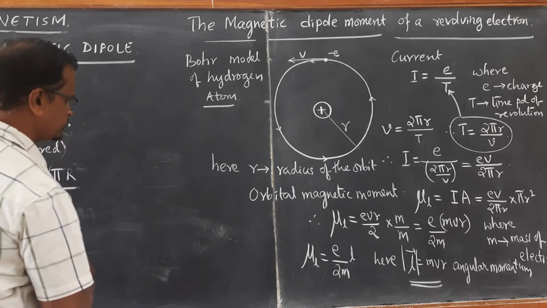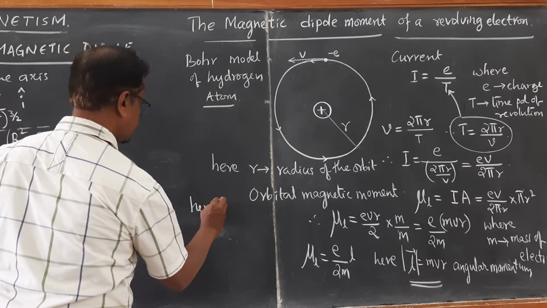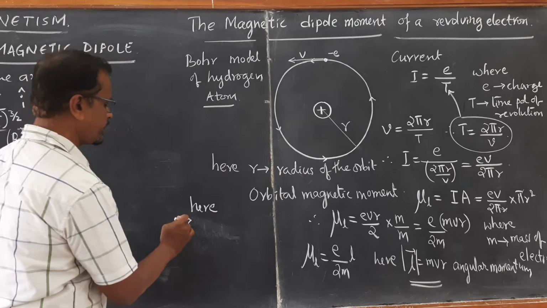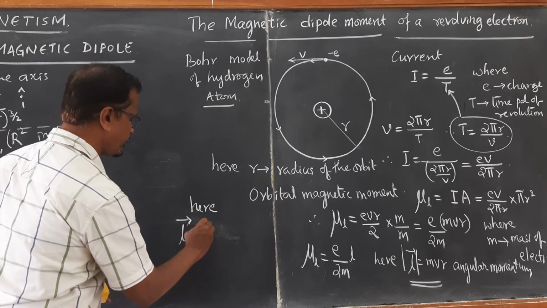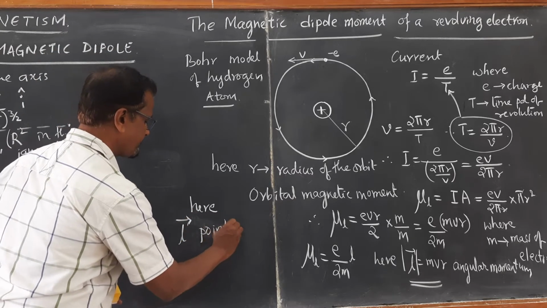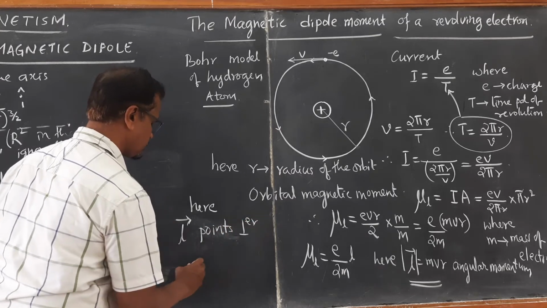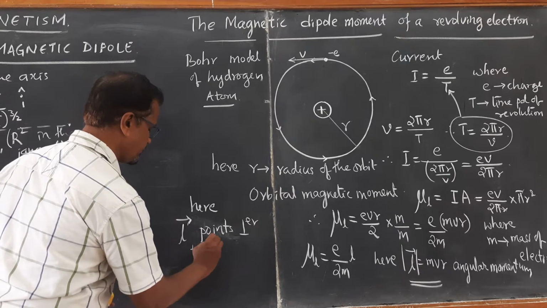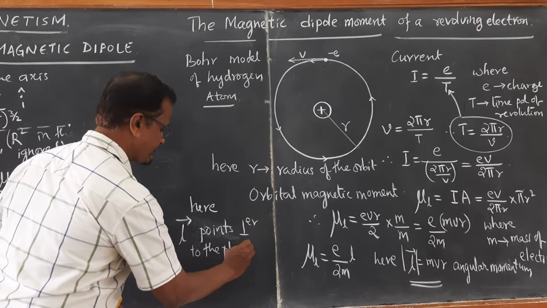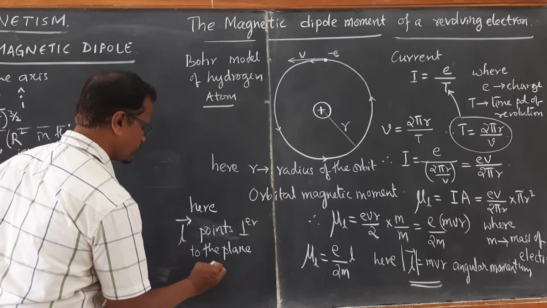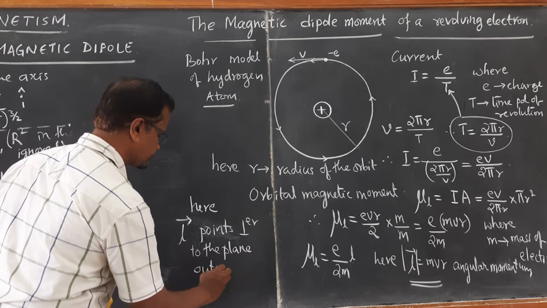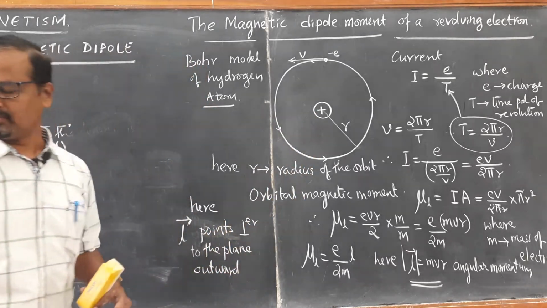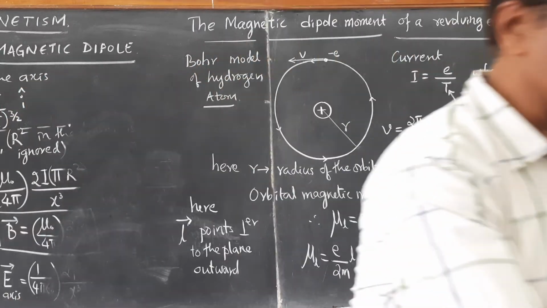Here the angular momentum points perpendicular to the plane, outwards. What about the magnetic moment?